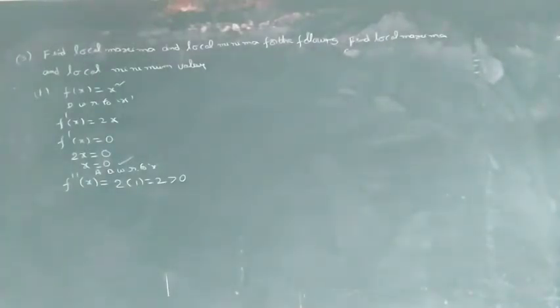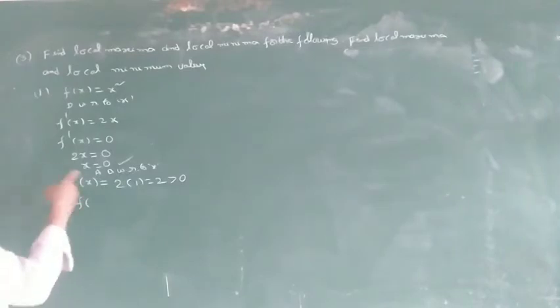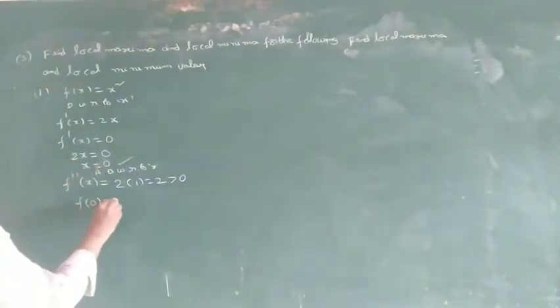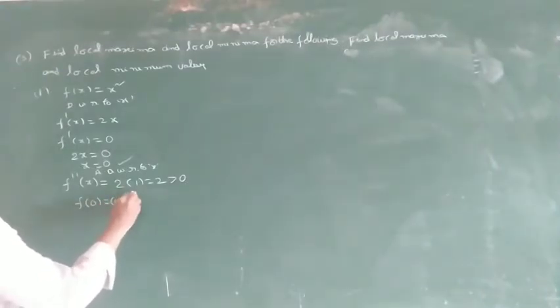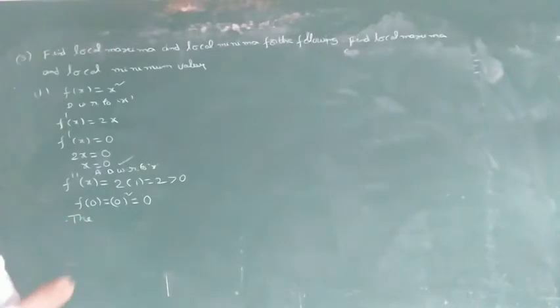Minimum value is there. So what is the minimum value? Calculate: f of x is f of 0. F of 0 is equal to 0 square, so that is equal to 0. Therefore the local minimum value is 0. F of c is the value of the local minima or local maxima.